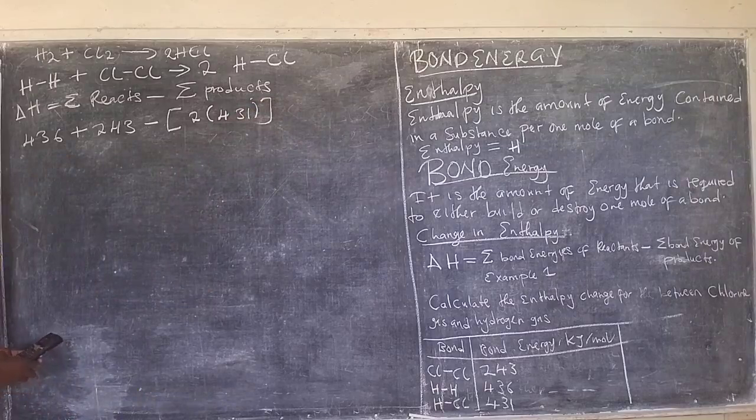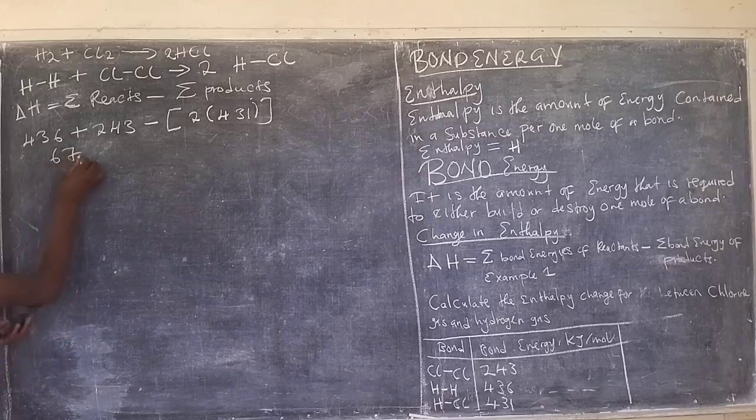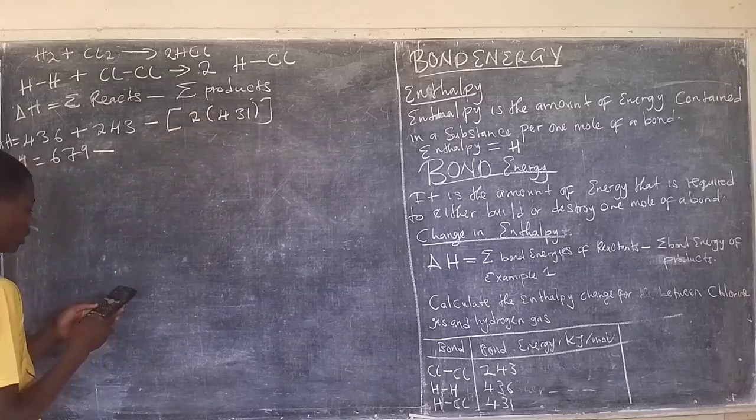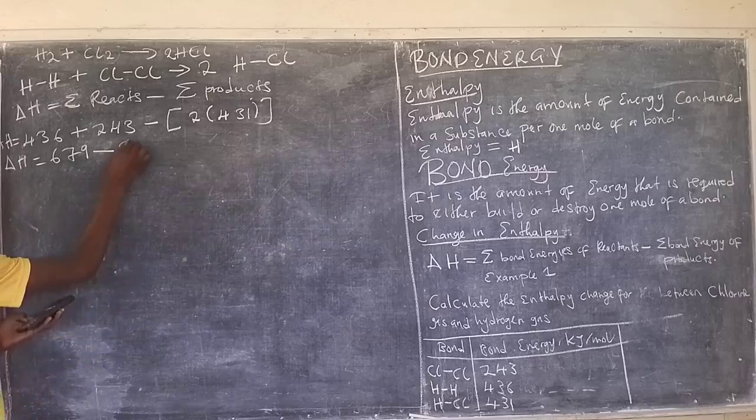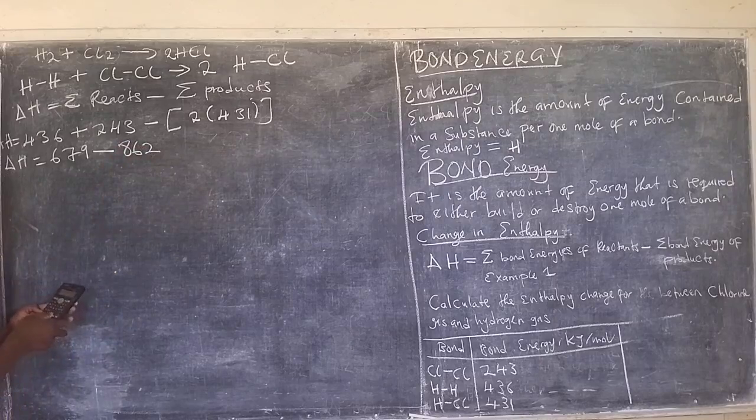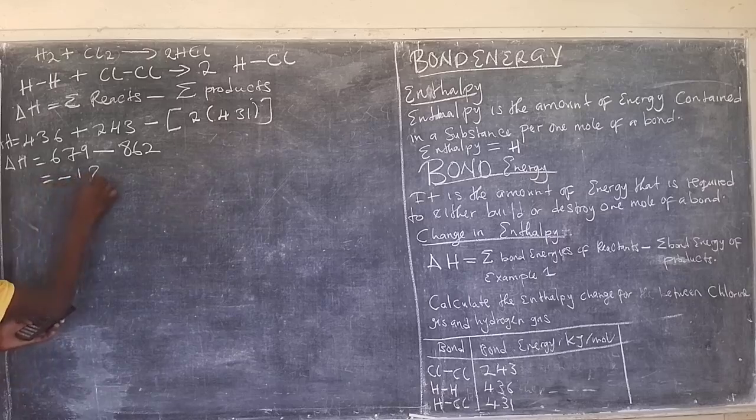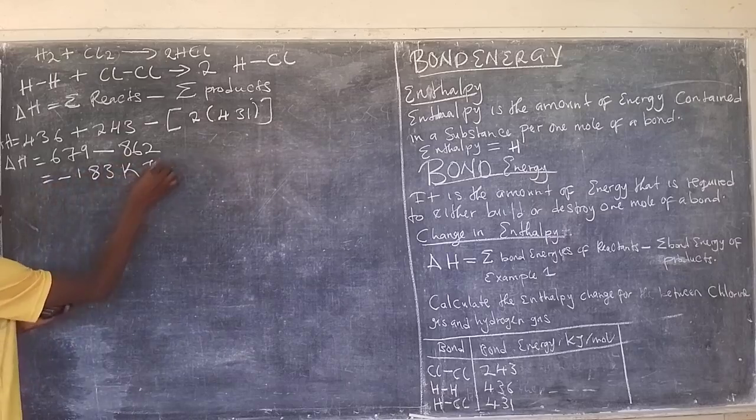So when we add 436 plus 243, we get 679. Minus, when we multiply 2 by 431, we get 862. When we subtract these, we get negative 183 kilojoules per mole.